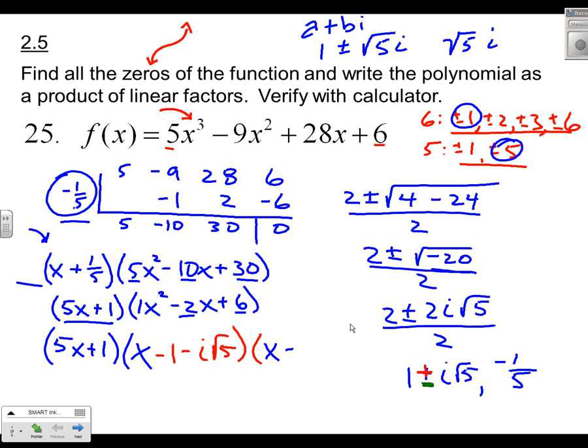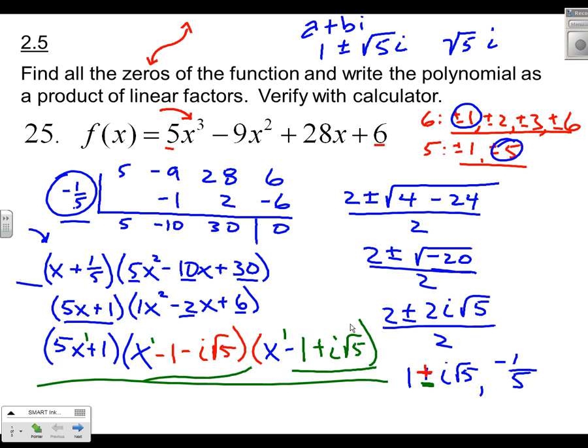I'm going to do the minus part of it now. x minus 1, distribute the negative, plus i root 5. So linear factors. Why are they called linear factors? Because this is x to the first, x to the first, and x to the first. Those are linear terms. These just happen to be linear complex.